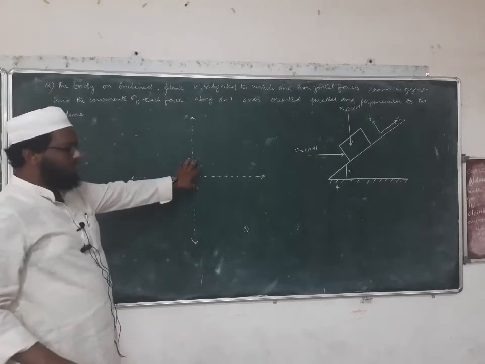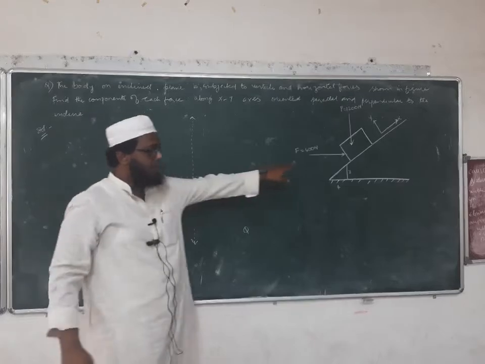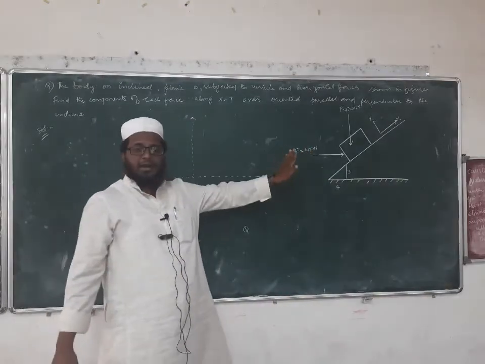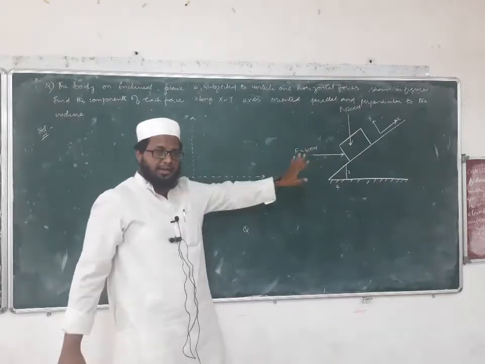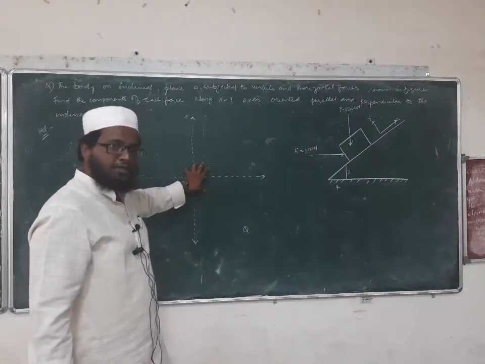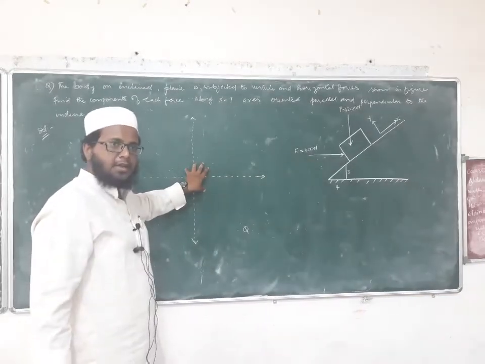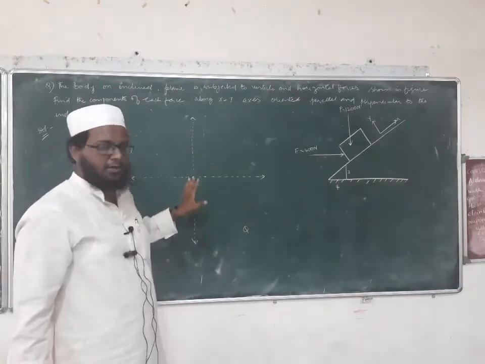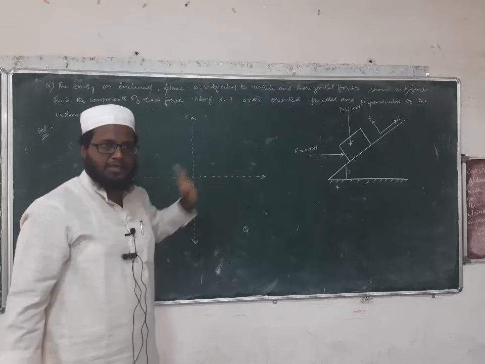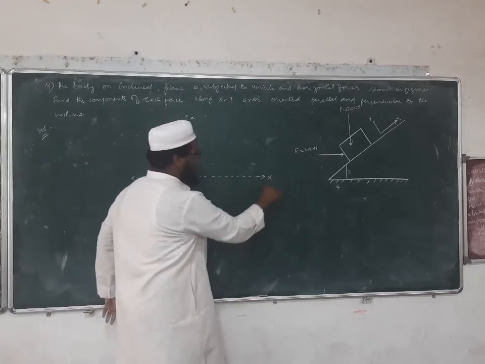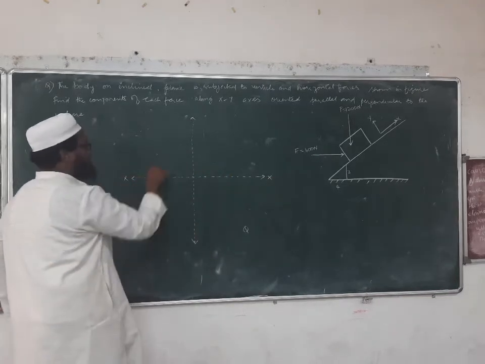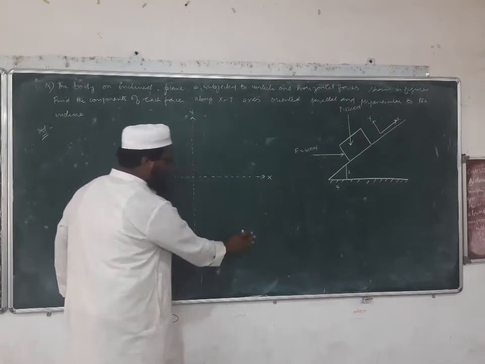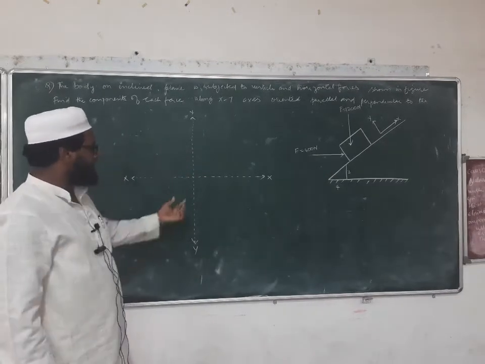Because this is not our original axis according to this problem. Our original axis is somewhat inclined. So this is our original x and y axis, but according to this problem, this is not our actual xy axis. So I have drawn our normal x and y axis.